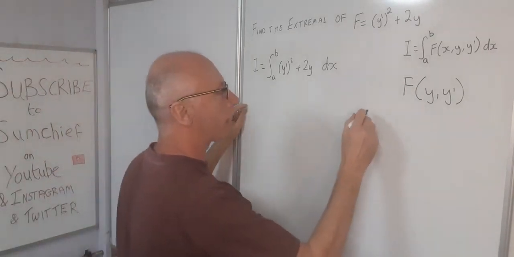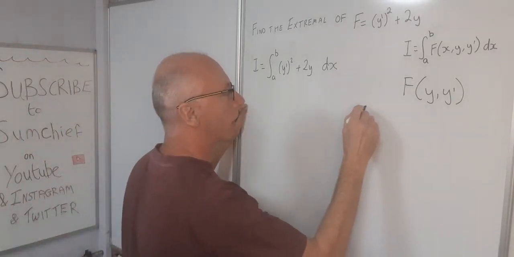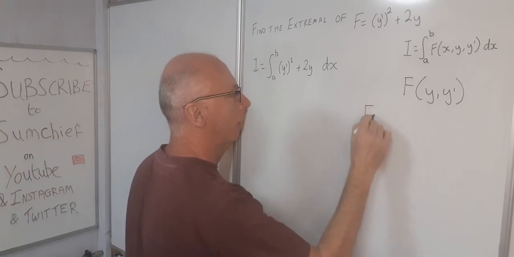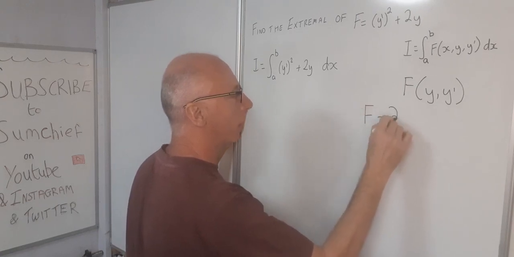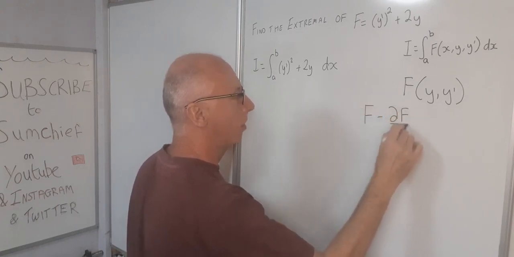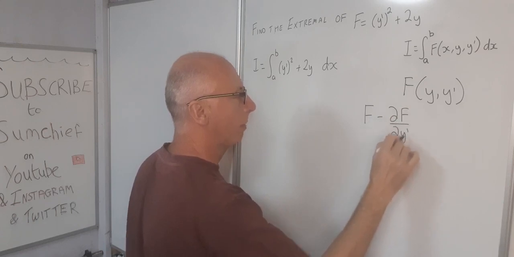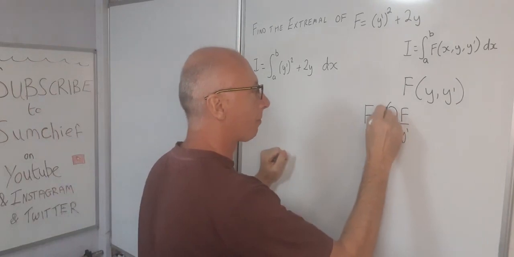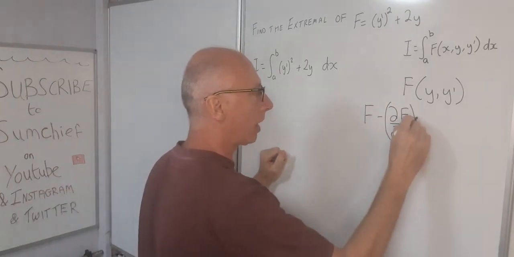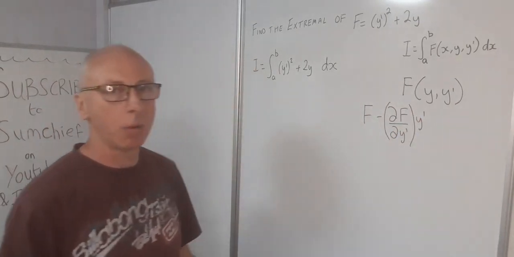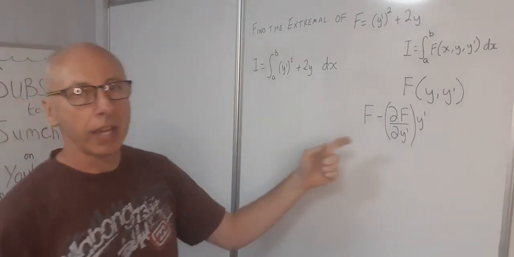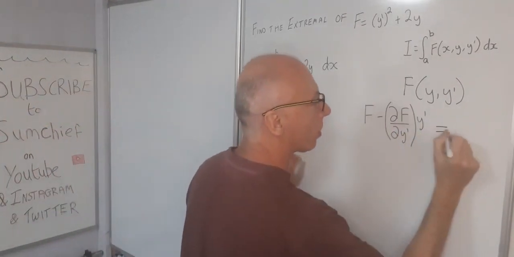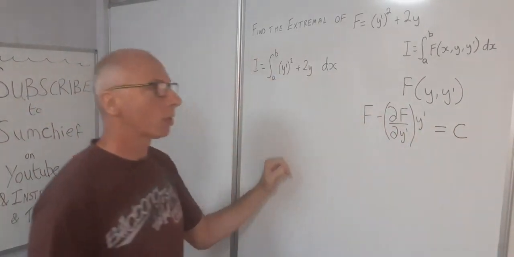What it says is that f minus the partial of f with regards to y prime, multiplied by y prime, so put the bracket around that and multiply by y prime, equals some arbitrary constant which we'll call c.